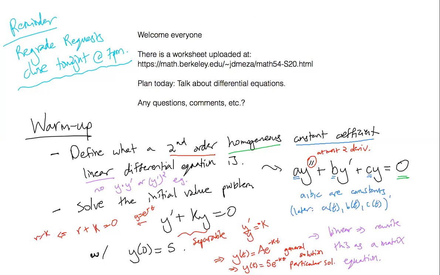Okay, then in that case, let's review and talk about second order differential equations. So we want to solve a y double prime plus b y prime plus c y equals 0.